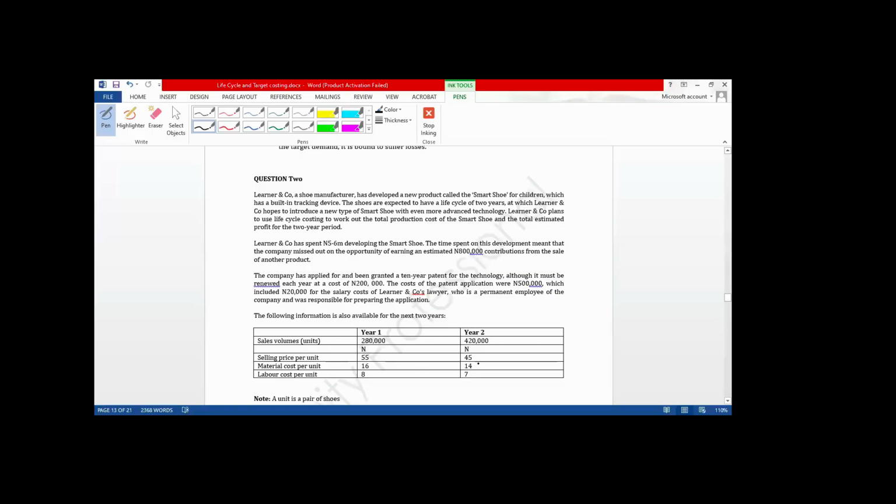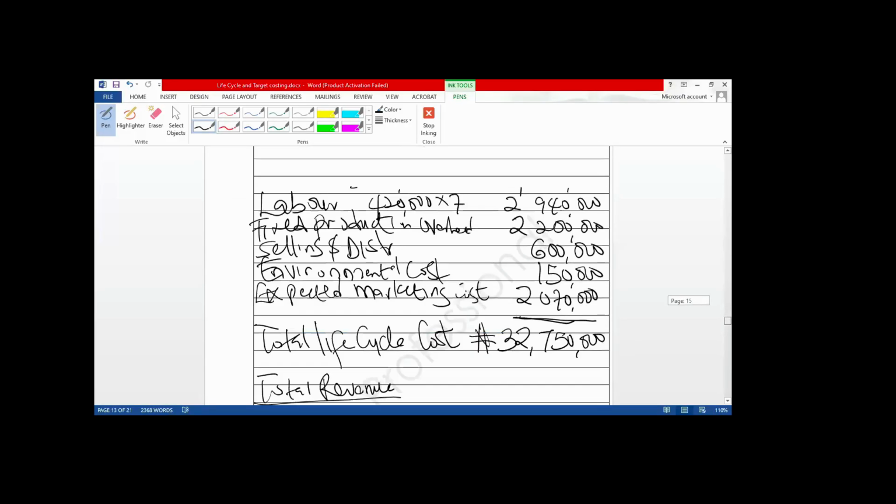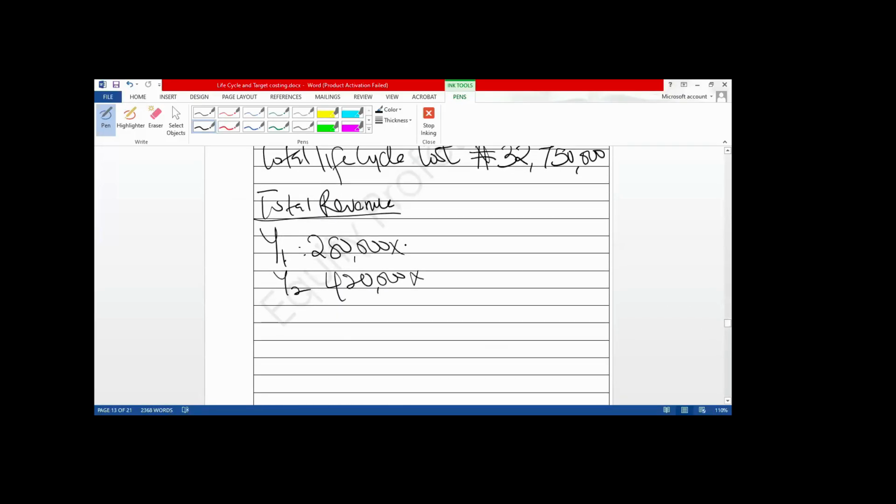Year 2, 45 naira. Multiply and get revenue. 15,400 for first year.